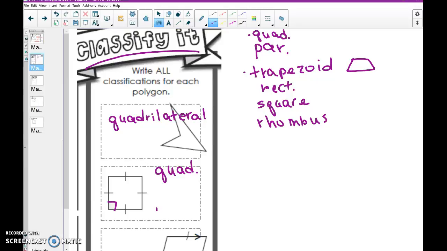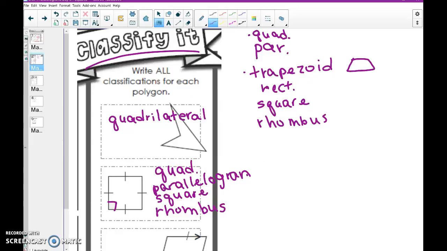Well, that's a rhombus. I'm going to say that. Could be a square. Could be a parallelogram. There's lots of different options for this one.